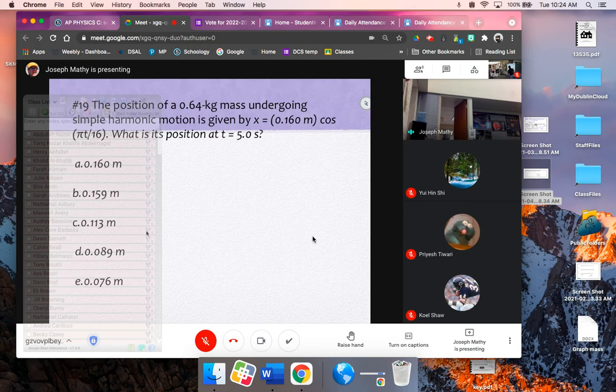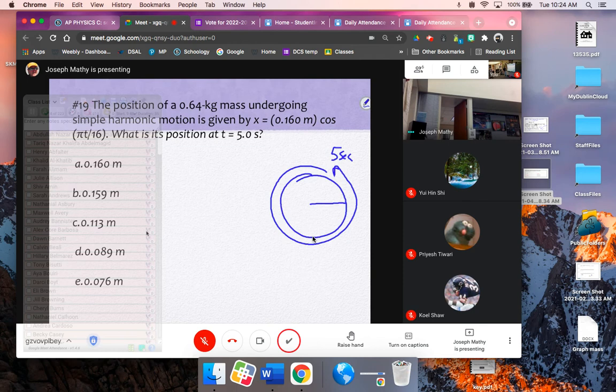Same problem, just asking for the position at 5 seconds. So now we're saying this thing was allowed to go around the circle for 5 seconds. Where is x?